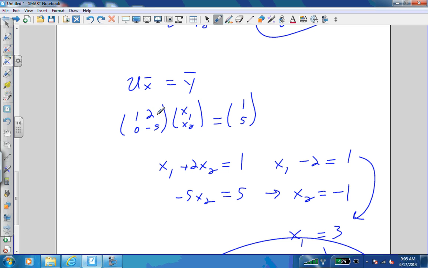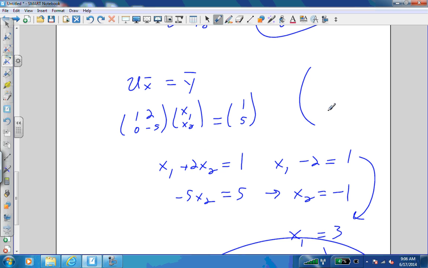Our next row has two values in it, one of them being x sub 2, so we can plug in what x sub 2 is and use that equation to find x sub 1. If we had three equations and three variables, then our bottom row would only have one, so we would use that to find our x sub 3.